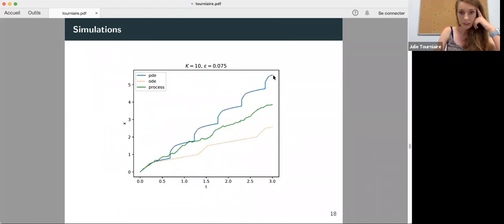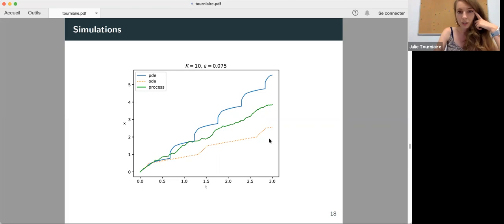So this is the position of the invasion front in the PDE. We can observe 2 jumps. This is one simulation of the process, and the solution of the ODE.